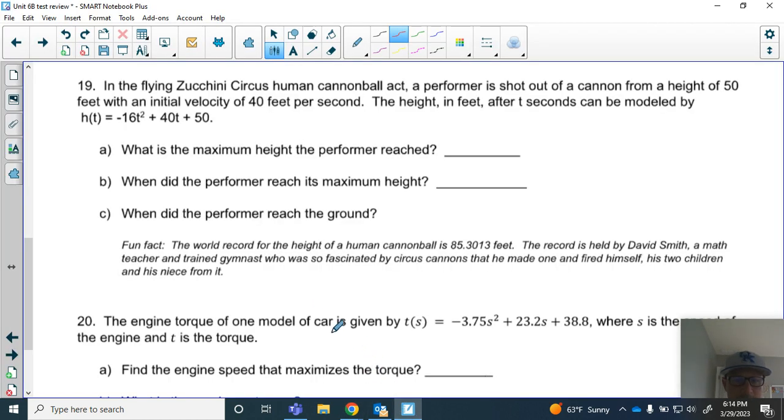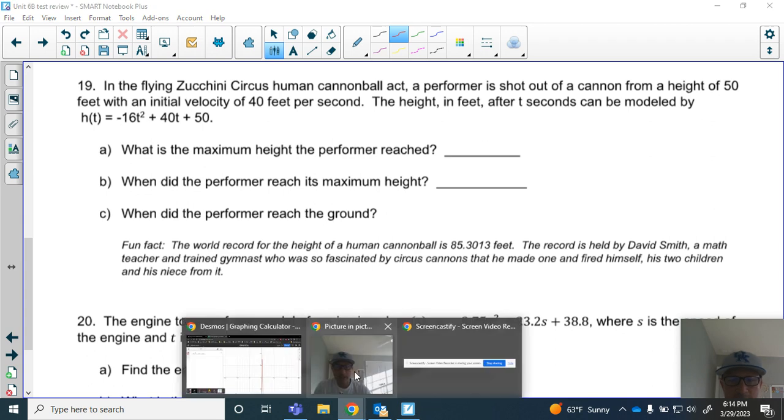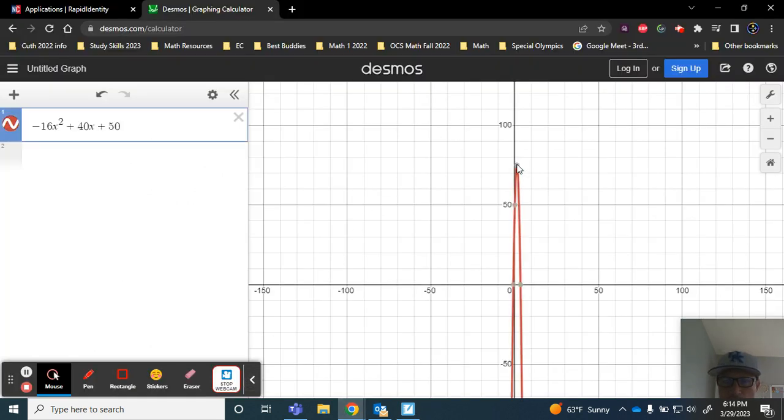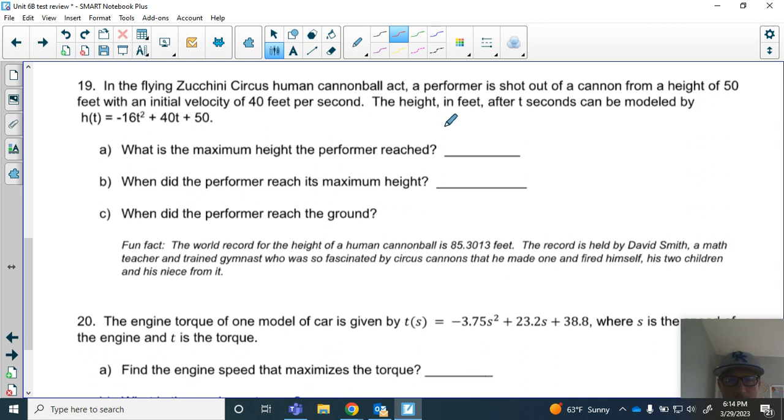The questions are the maximum height and when did the performer reach the maximum height. So that's going to be the same point. One's going to be the x, one's going to be the y. The maximum height is the y, 75. And the time that it got to its maximum height is 1.25.